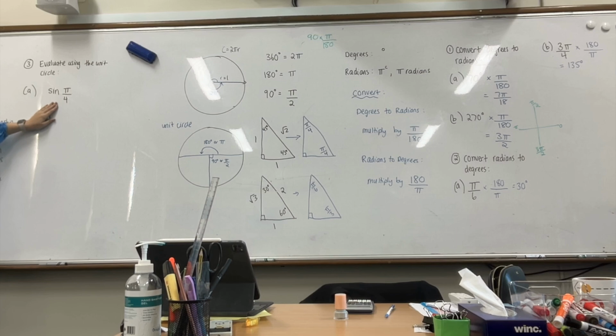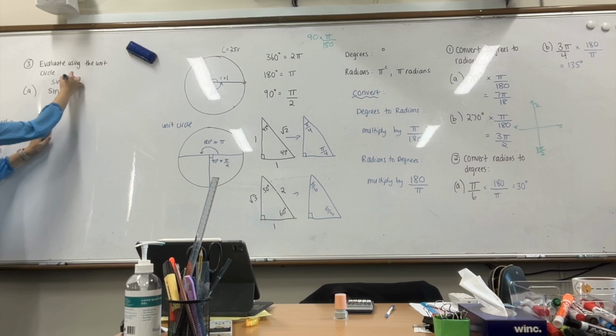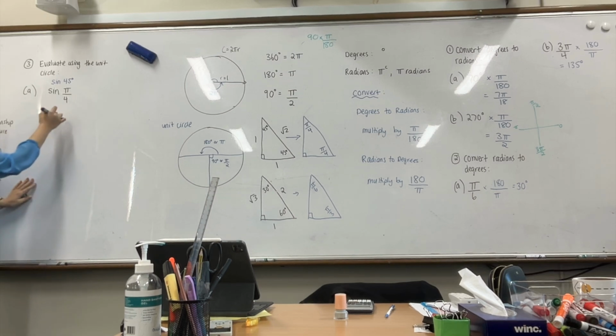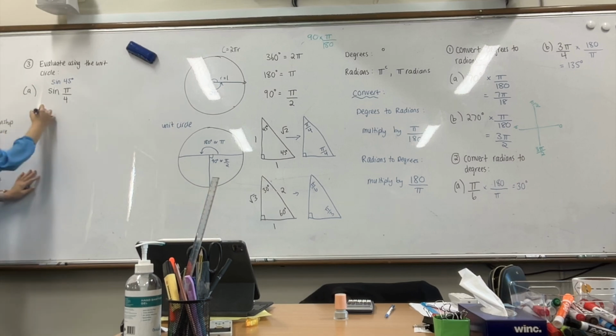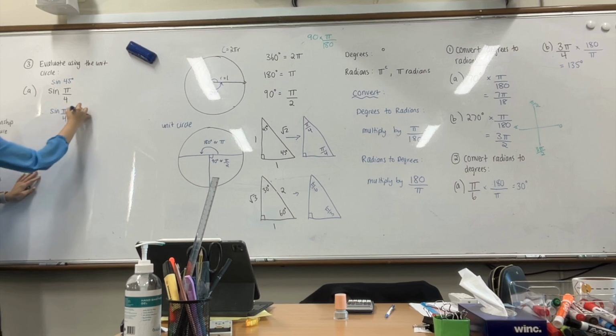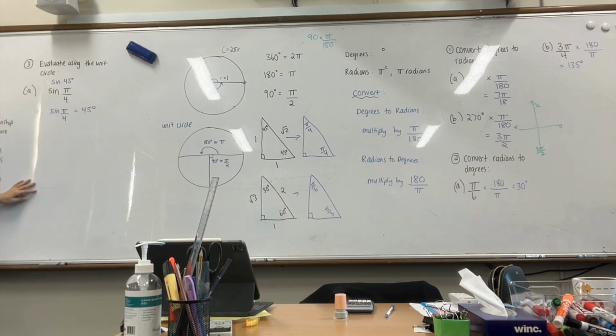Do we recall what pi on 4 is in degrees? 45. Good, so I'm just going to write sine 45 degrees on top. That's the equivalent. We've seen questions before where it says evaluate using the unit circle sine 45 degrees. Here, because I'm looking at an acute angle, it's only going to be in the first quadrant. So therefore, sine pi on 4 is simply equal to 45 degrees, because with my unit circle, I'm only in the first quadrant. I've got an acute angle.